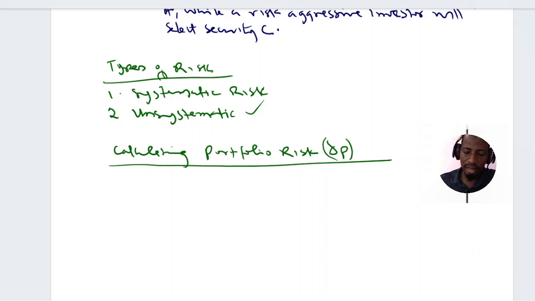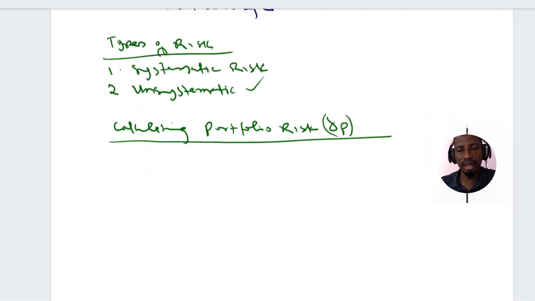So, to calculate the portfolio risk, you need to first of all estimate the risk of individual security in the portfolio.